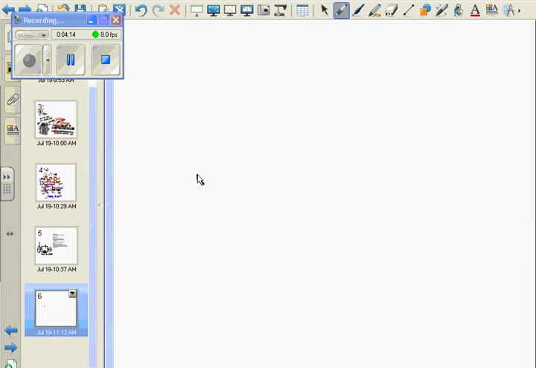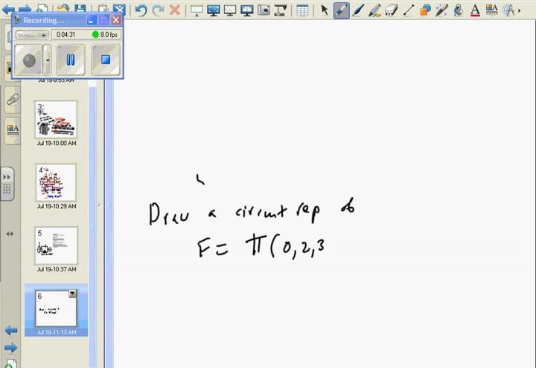I could give you this: draw a circuit representation of F equals the product of 0, 2, 3. What I would do is first put this in my truth table.